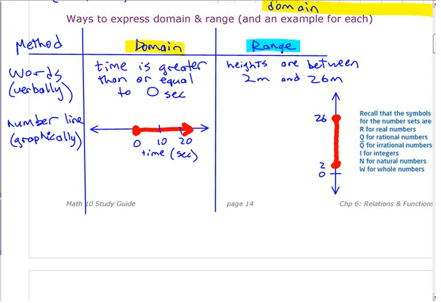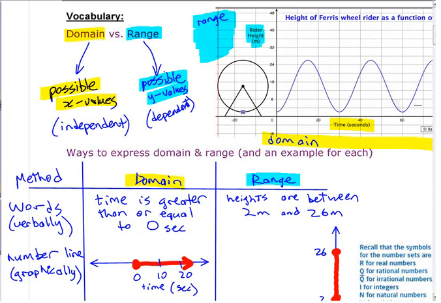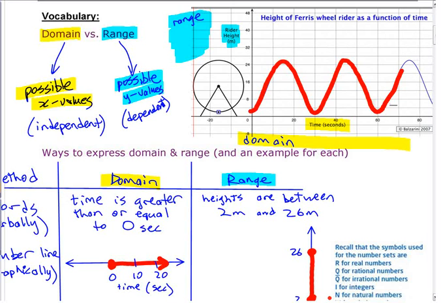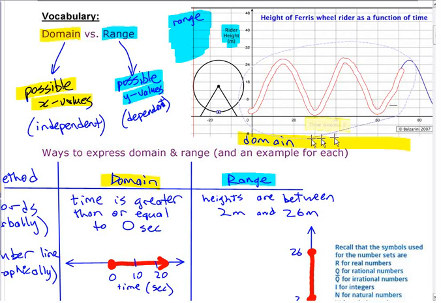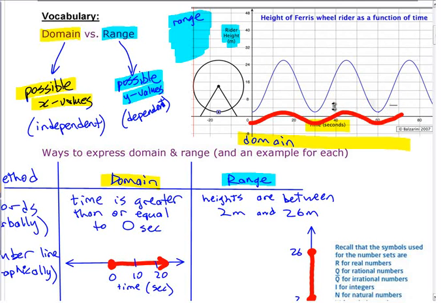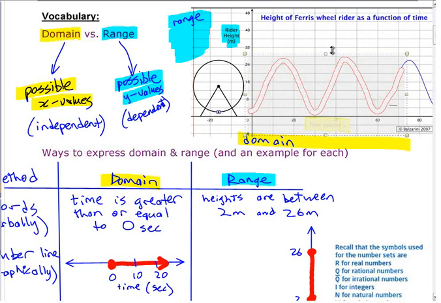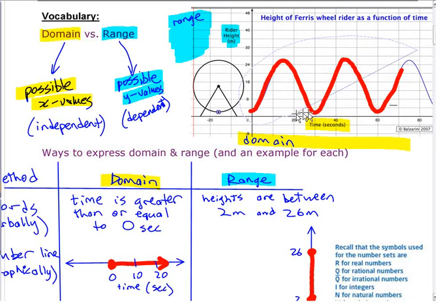Right? Let me show you something here. If we drew this graph here, I'm not drawing it very well. Let me try again. Okay. There's the graph. If you want to think about the domain and the range from a graph, if you want to think about the possible x values, imagine that you squash the graph down onto the axis.